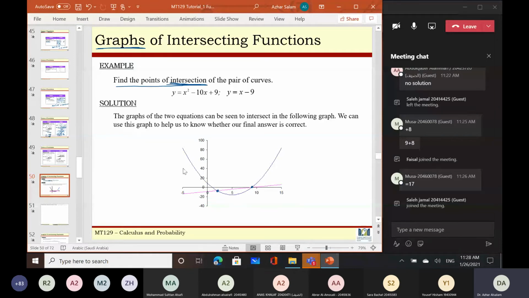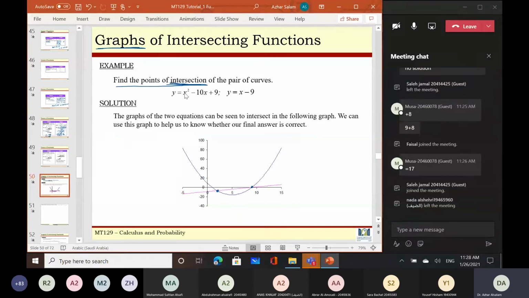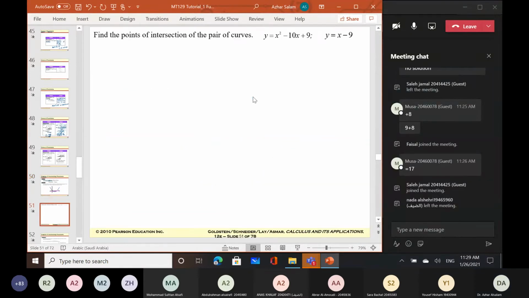Okay, I will use this graph to check my answer. But here I will solve it algebraically. I can use the given graph to make sure the solution is correct. I notice here that I have two intersection points. I will try to find the coordinates of these two points by calculation. Okay, I will find the intersection points between these two functions.